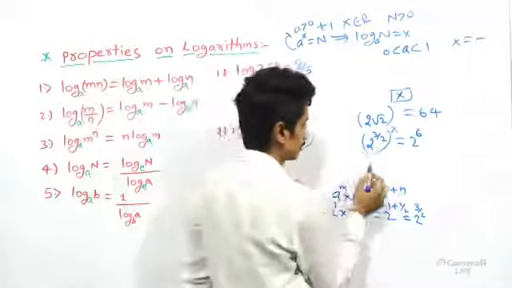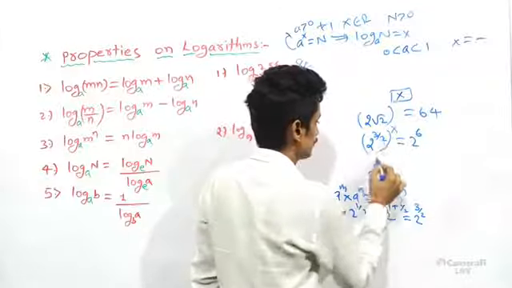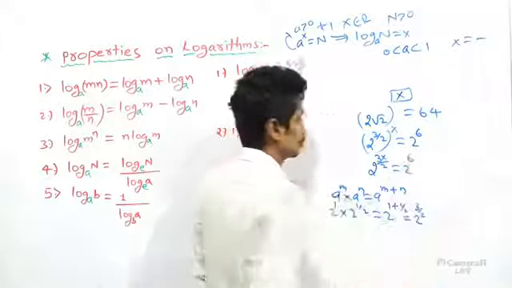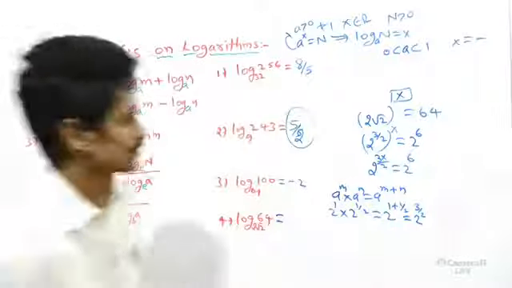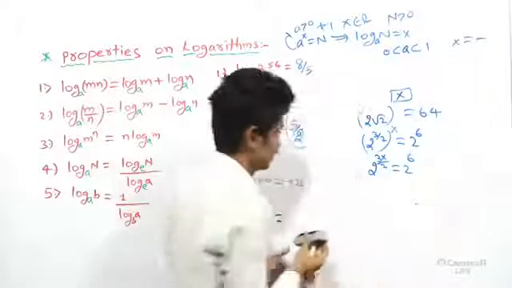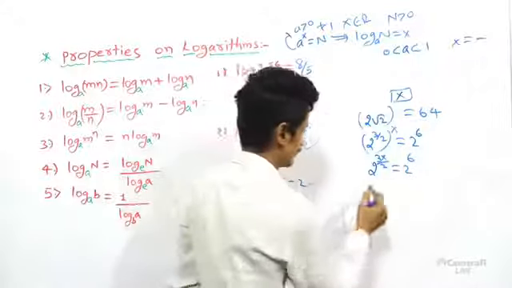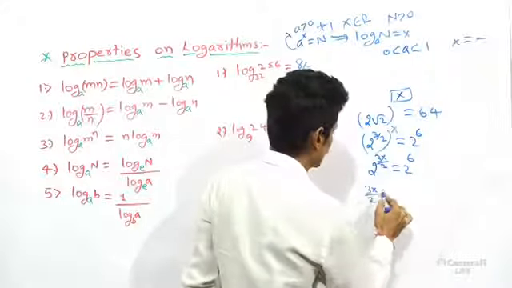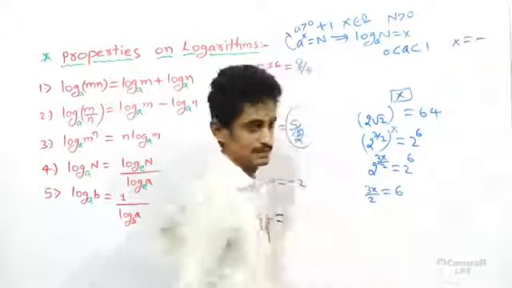Now applying the third law of exponent, 2 power 3 times x by 2 is equal to 2 power x. After that, same base, I will just write the powers. That is how much? 3x divided by 2 is equal to 6.